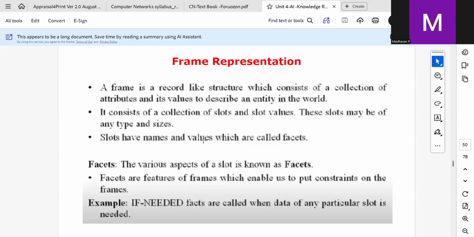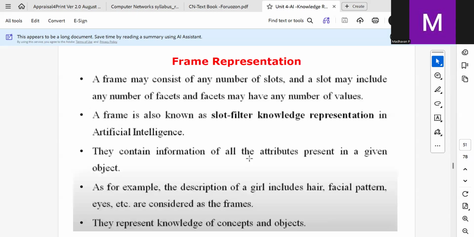The slots can be of different types and sizes. We call these slots with names and values facets. Any number of slots can be there for a frame, and a value can be associated with a slot, and it represents knowledge similar to how you categorize data in a table.